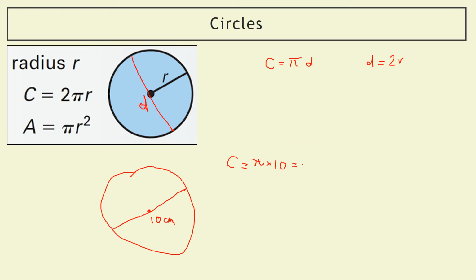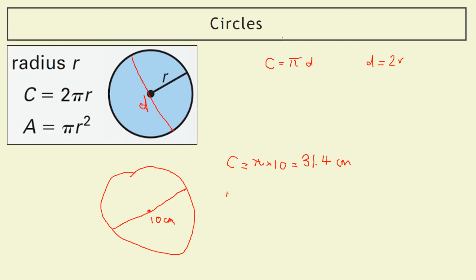So I'm just going to do that on my calculator now and pop that up on the screen. So if I do pi times 10, and I'm going to give that to one decimal place, it'd be 31.4 centimeters. Again, write the units, write the calculation.